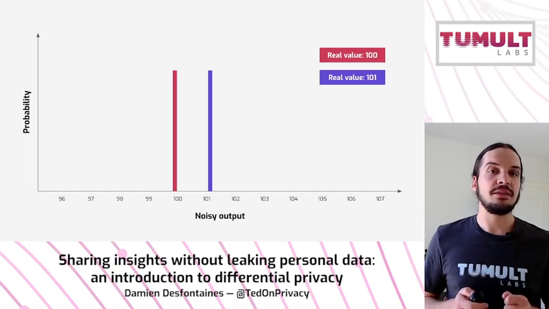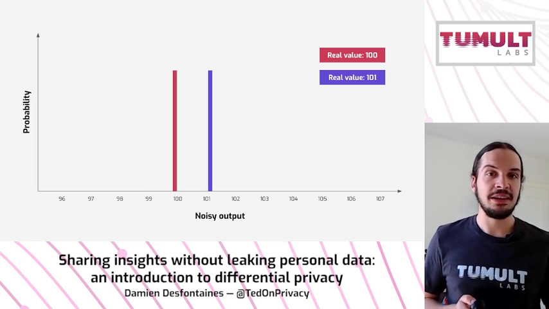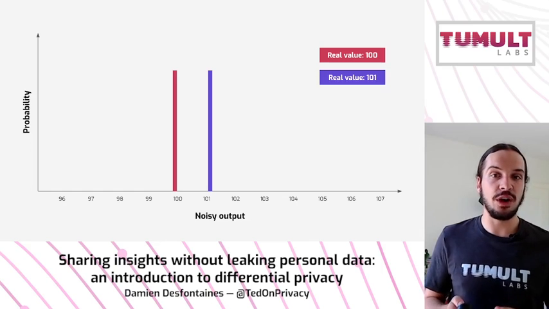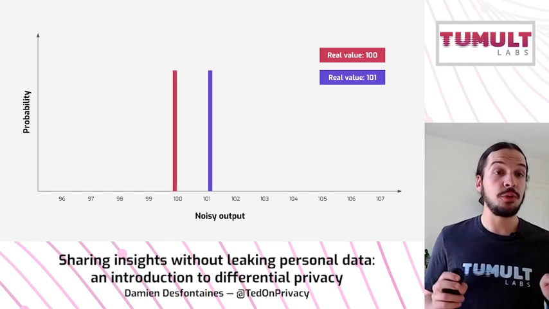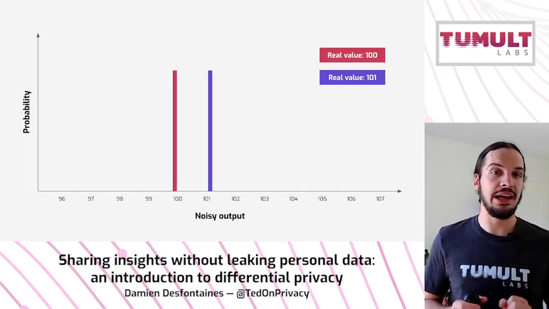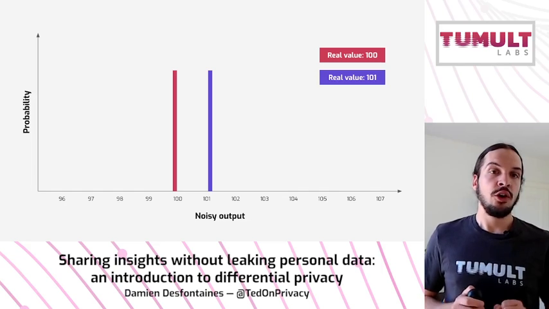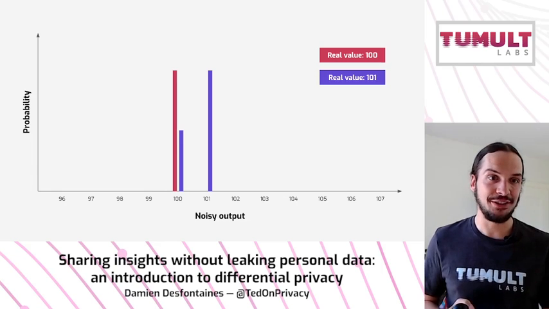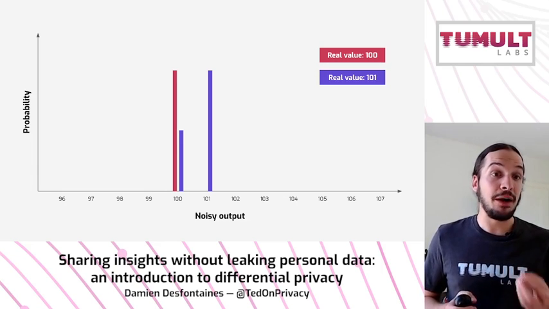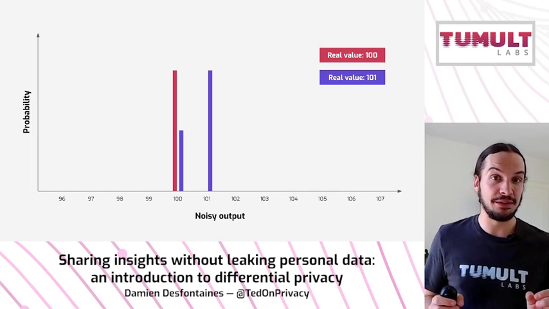We said that this probability must be the same as if the real value was 100. We want these two situations to be indistinguishable up to a factor of 2 in the likelihood. We want this to be as small as possible because we're not returning the right answer, but we're bounded by this twice as likely bound.